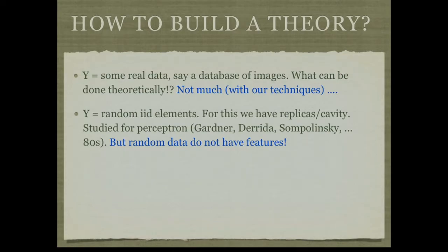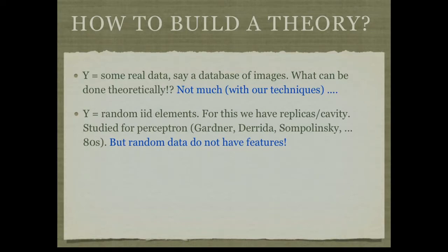And there has been a long line of works in the 80s and 90s with replica and cavity methods, saying things about neural networks. But random data do not have features. So if we want to learn something about feature learning and we use random data, then we are somehow doomed, right?